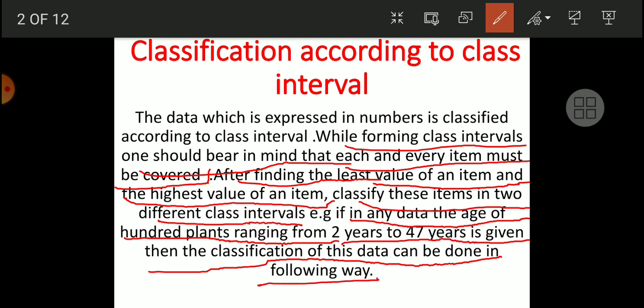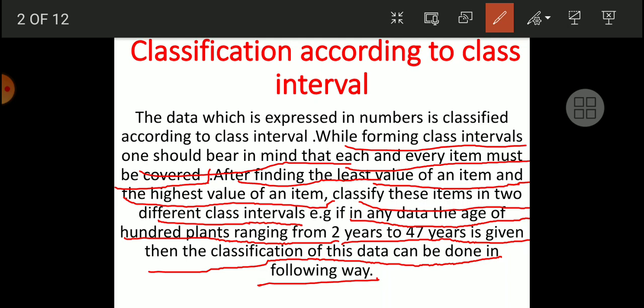Try to understand first of all what we have to do. The data which is expressed in numbers is classified according to class interval. In that, each and every atom must be covered, isn't it? First of all we have to find out the least value of the atom and the highest value of an atom. Here in this example we have taken 100 plants, and their ages are between 2 years and 47 years.